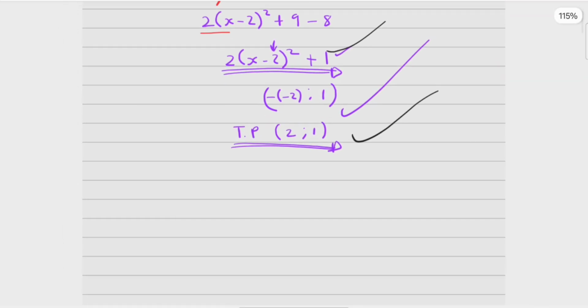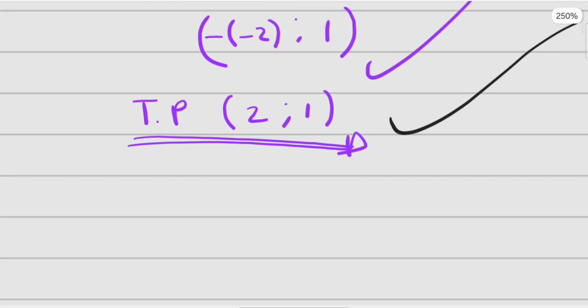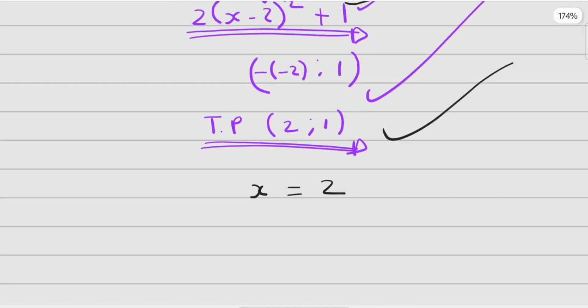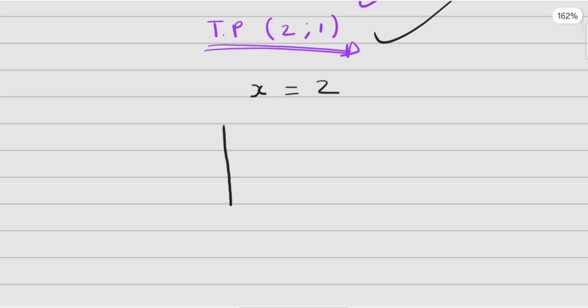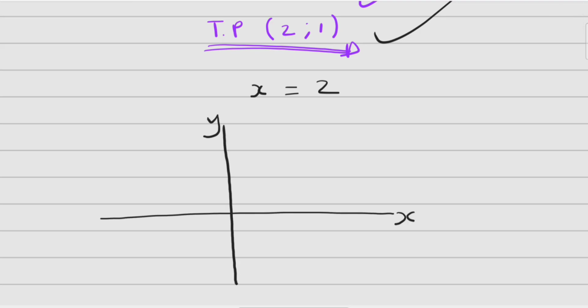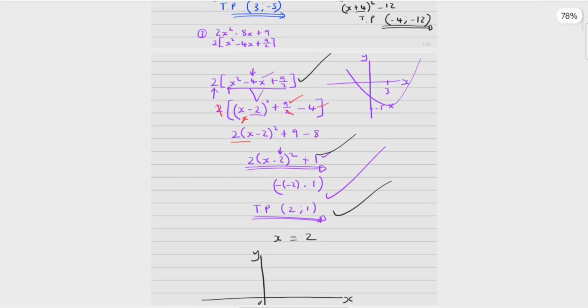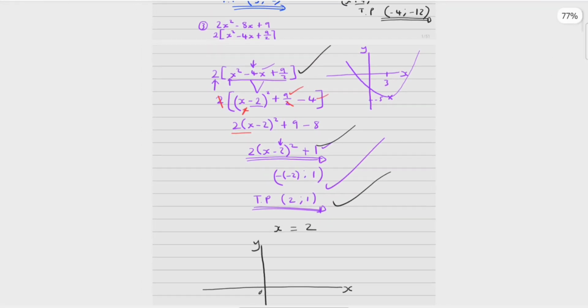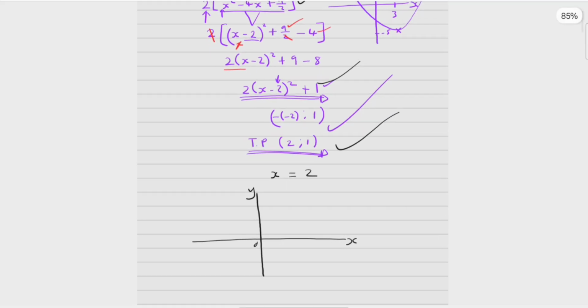And you can get the equation of the line of symmetry right away from this. So this will be x is equal to 2. But let me show you how we get to that. So if we were to sketch this, like I said earlier, put your y, your x, and maybe your o, then you see that the coefficient of x squared for this particular expression is positive, so it's facing up.